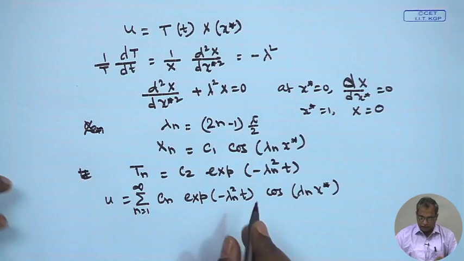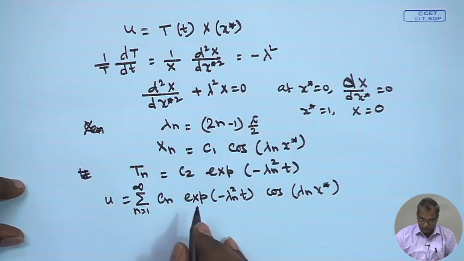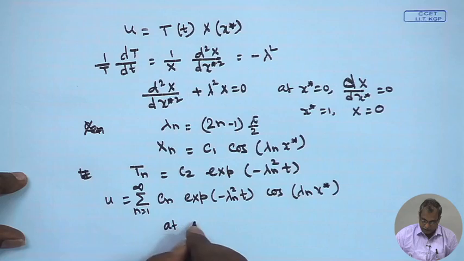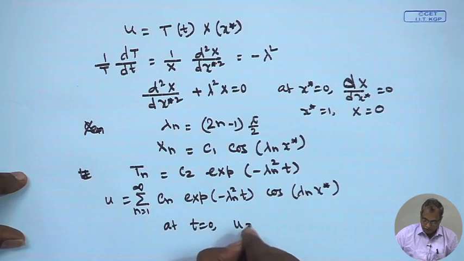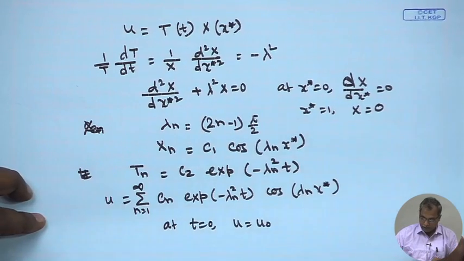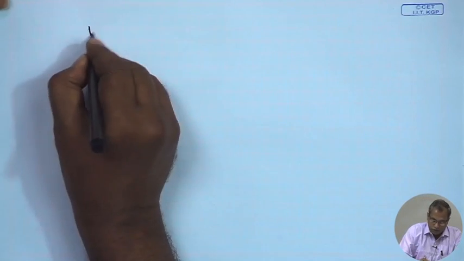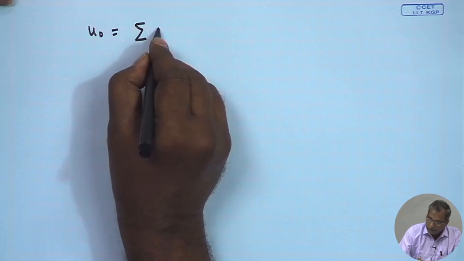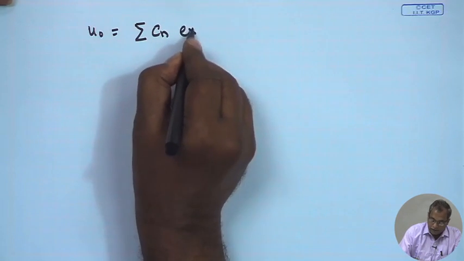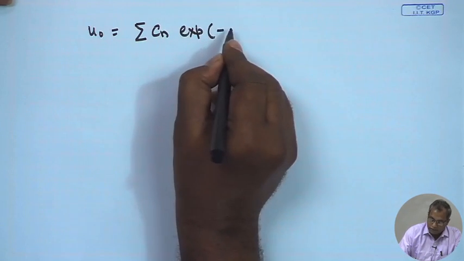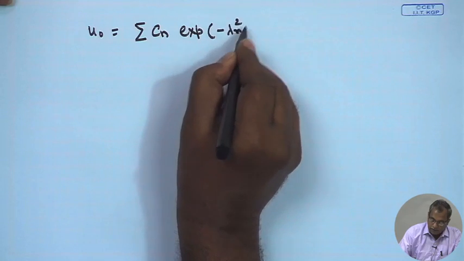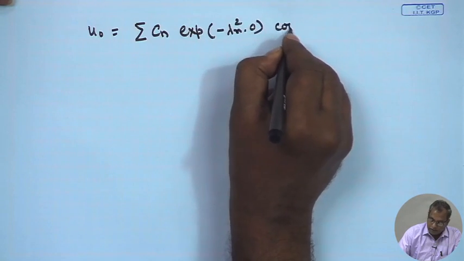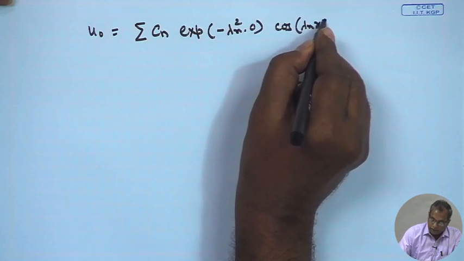And we can evaluate the constant c n by using the initial condition at t equal to 0. That means at t equal to 0, u is equal to u naught. Let us completely solve this problem. So, u naught is equal to summation c n exponential minus lambda n square times 0 cosine lambda n x star.